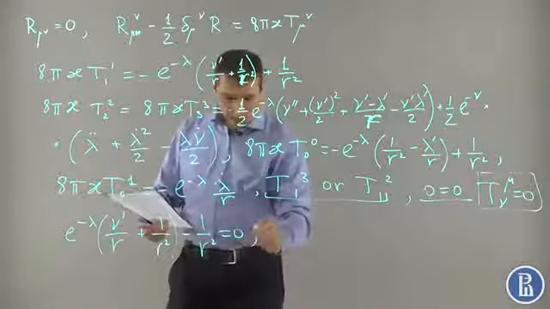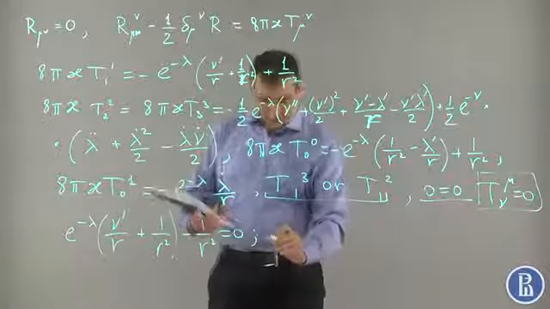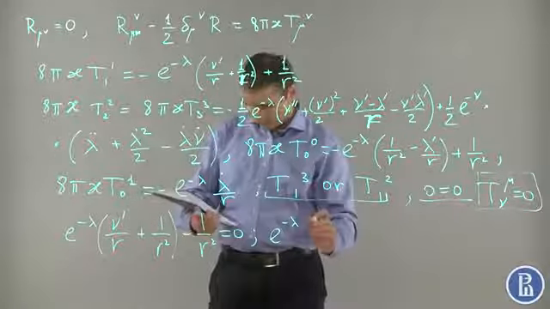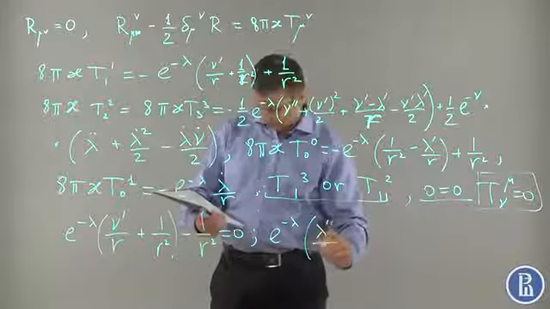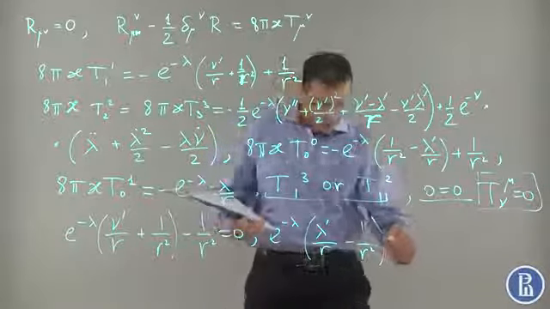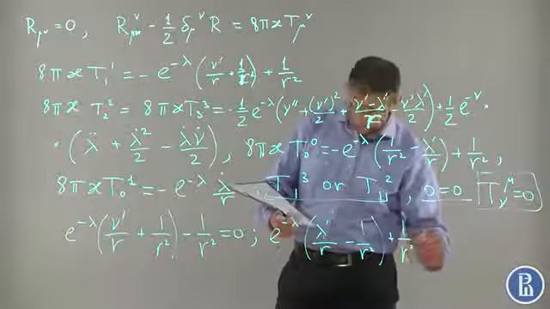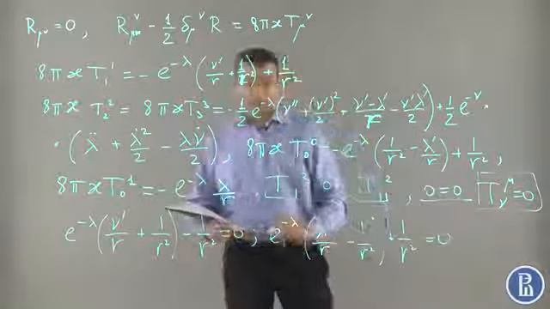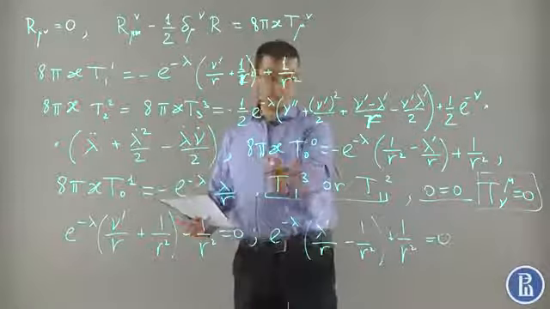Then we have the equation exponent of minus lambda times lambda prime divided by r minus 1 over r squared plus 1 over r squared equals 0. So this form reduces this equation.